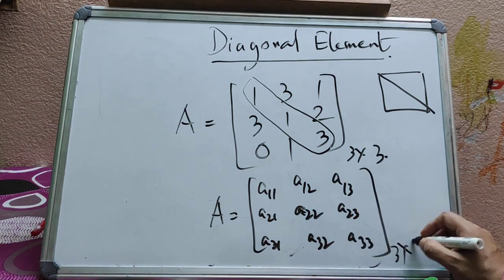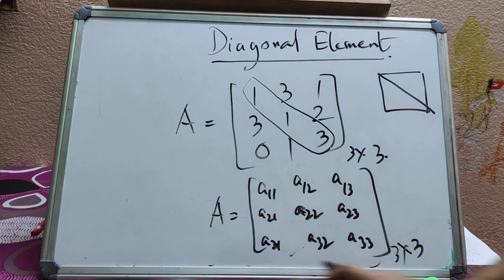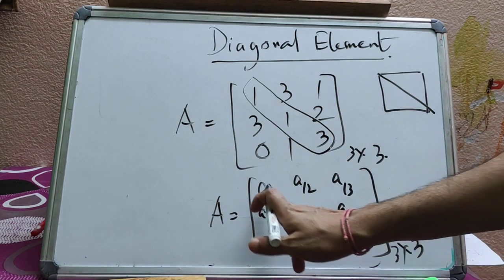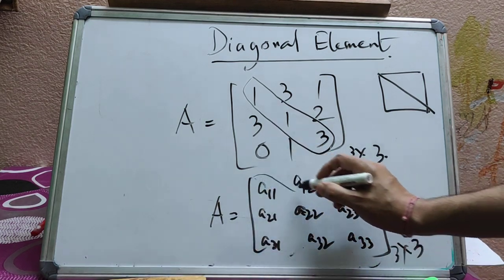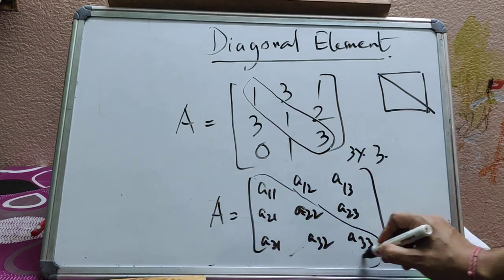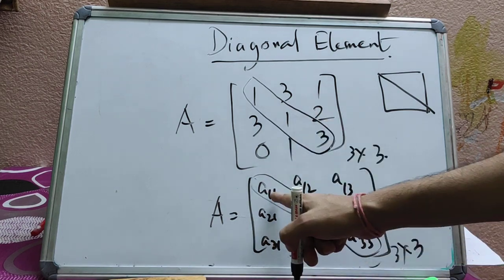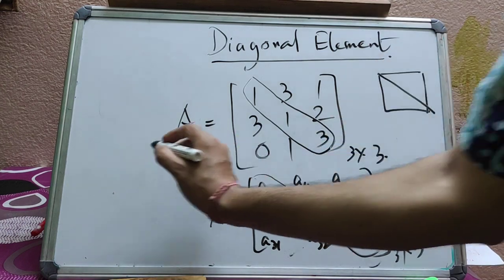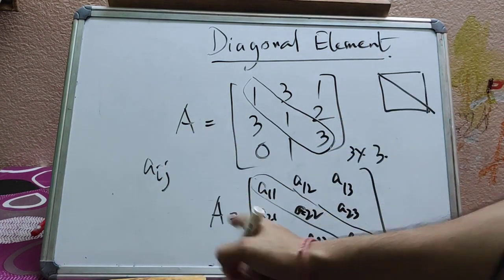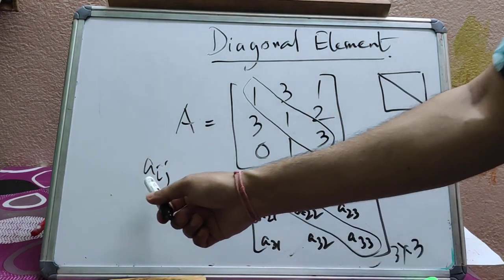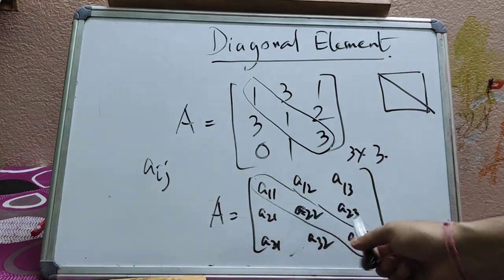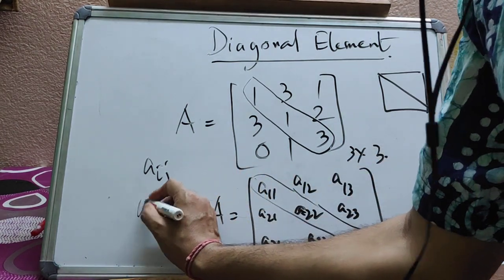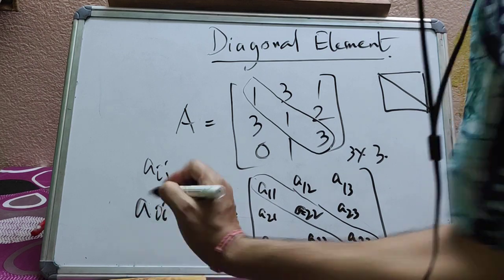This is a 3 cross 3 matrix. Now see the diagonal elements. Here the diagonal elements are a11, a22, and a33. In other words, if any element of this matrix is aij, then the diagonal elements will be aii.